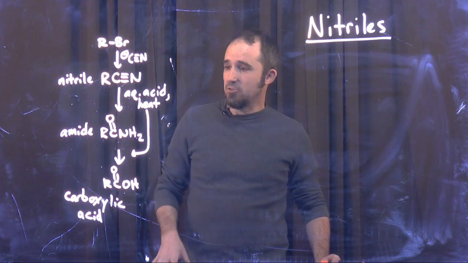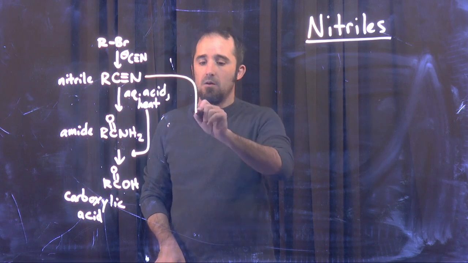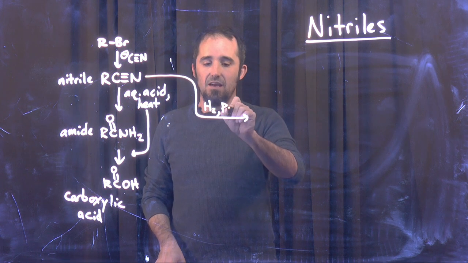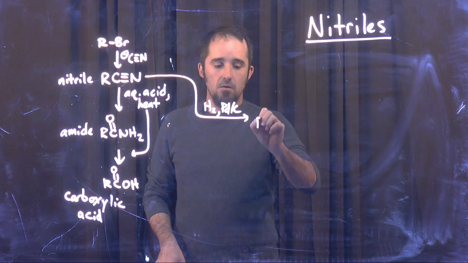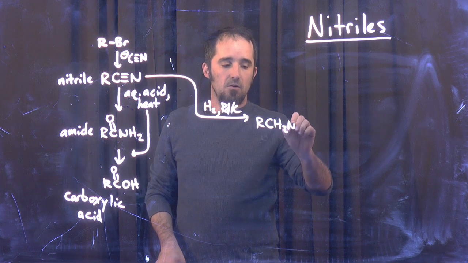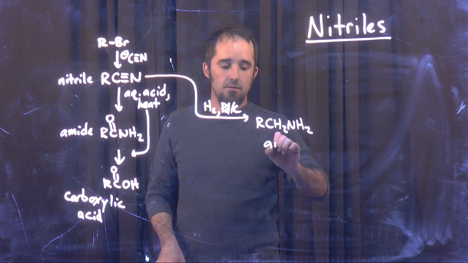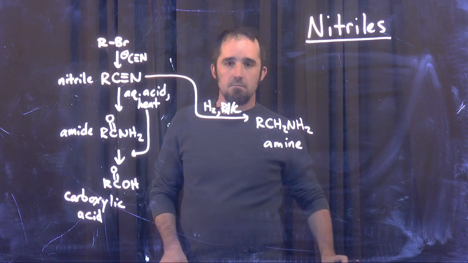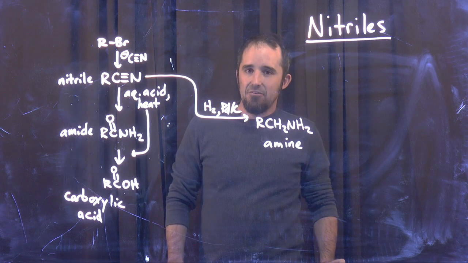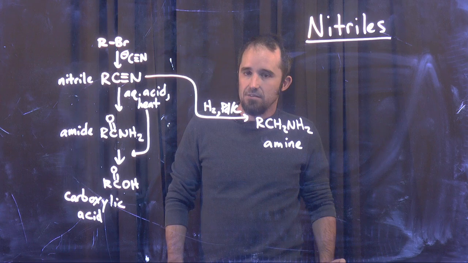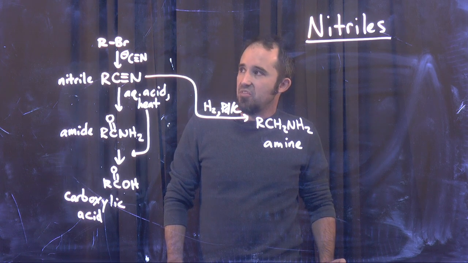Another thing we can do with nitriles that we mentioned earlier is we can reduce them to primary amines. All right, so catalytic hydrogenation works pretty well on nitriles. So nitriles are really, really useful synthetic intermediates.